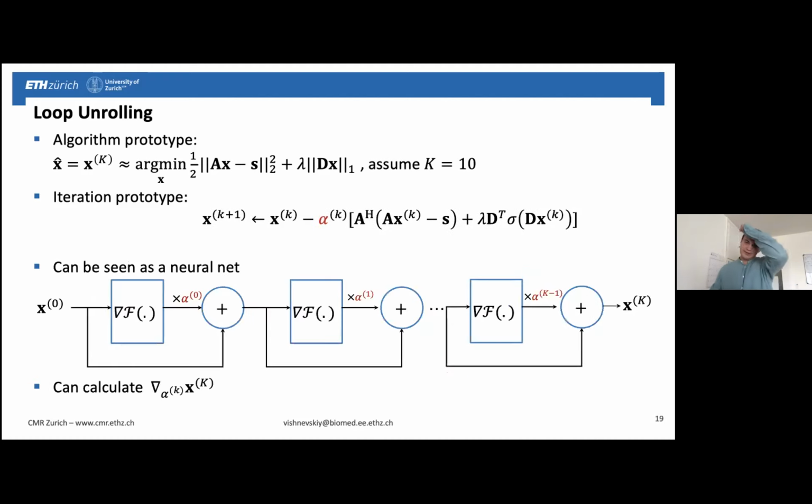After we substitute it and make everything differentiable, we consider each iteration of the gradient descent as one layer in the neural network. And all operations here are differentiable. So we can backpropagate and calculate the gradient of the output with respect to parameters that we are interested in.